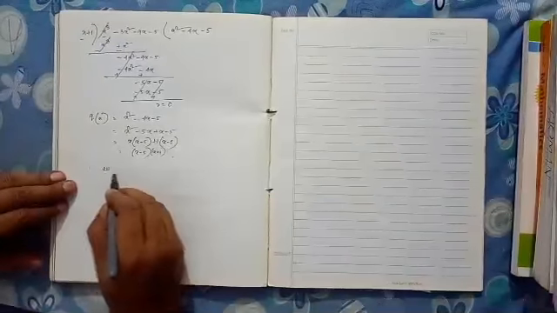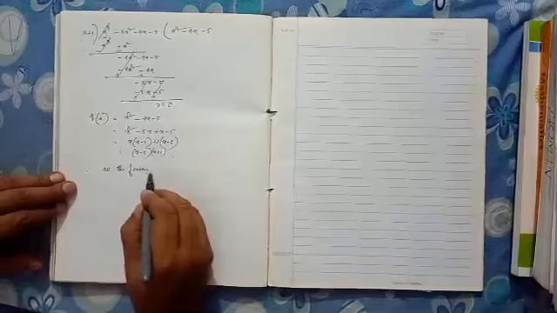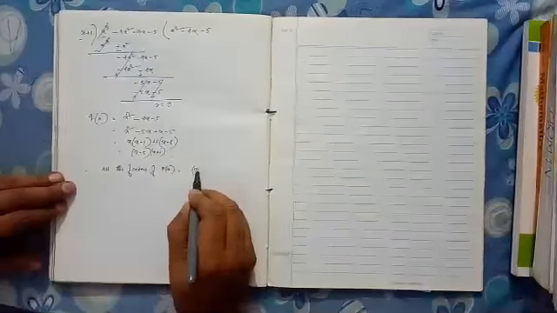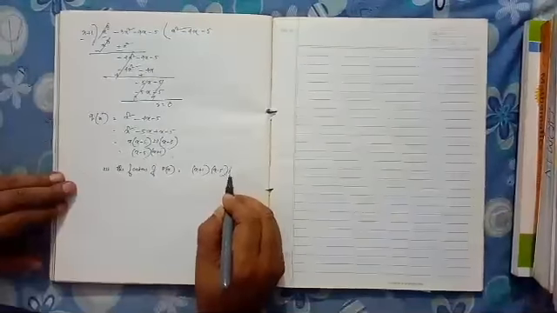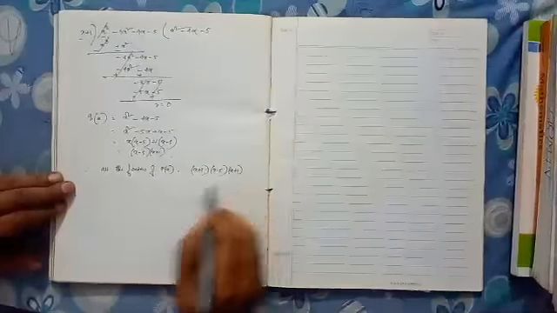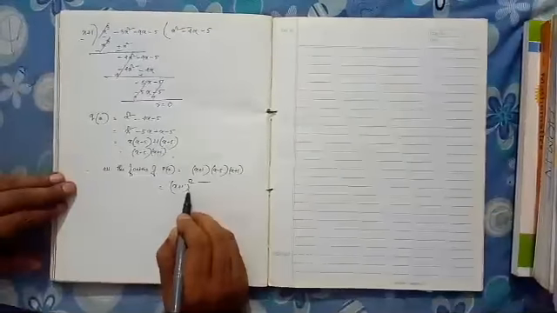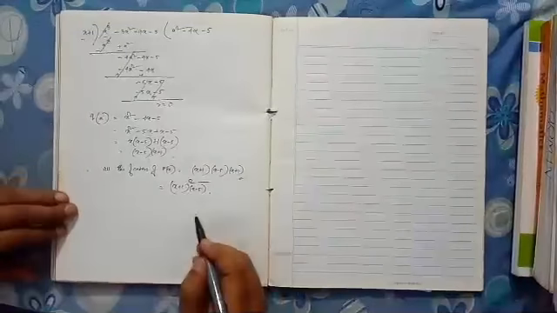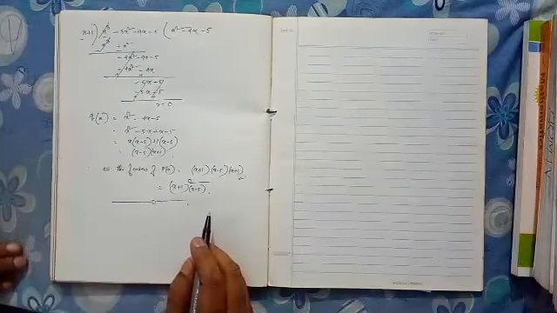Therefore all the factors of p of x are x plus 1 into x minus 5 into x plus 1, that is, x plus 1 whole square into x minus 5, or you can write it in this way.